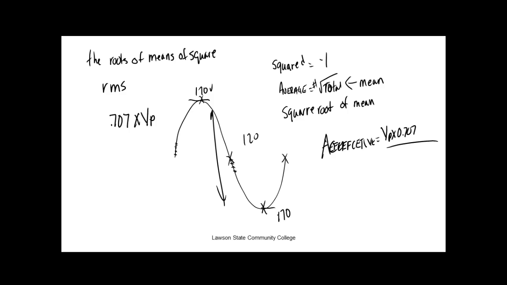So RMS, the way it came into play, if you run 120 volts RMS into a resistor, you get exactly the same work that you get if you have 120 volts DC. Exactly the same work. But it's not called an average voltage, it's called an effective voltage, because it is not an average. So that's RMS. Y'all know the difference now, right?